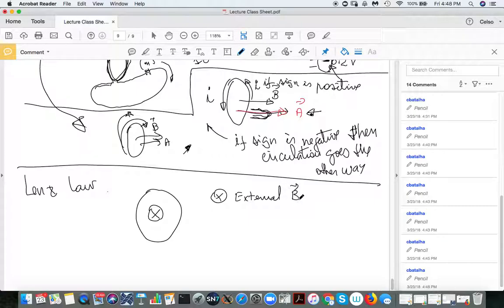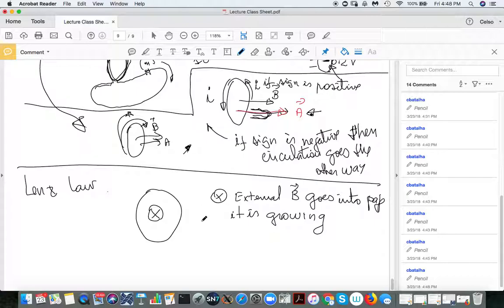When I say external, it is created by some device or something outside, and the direction it goes is into the page. And let's assume for now that it is growing, like the one that I defined previously. It started with 0 and then goes to 10 to the minus 4. So it's growing over time.